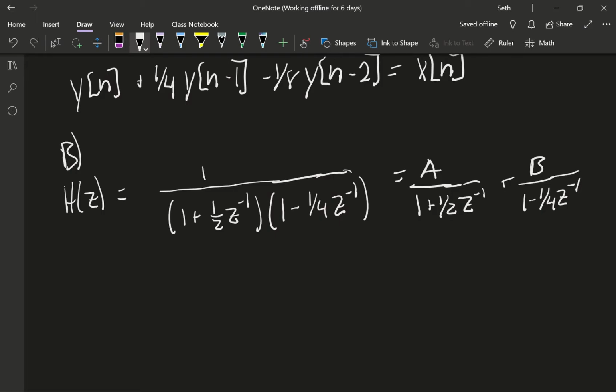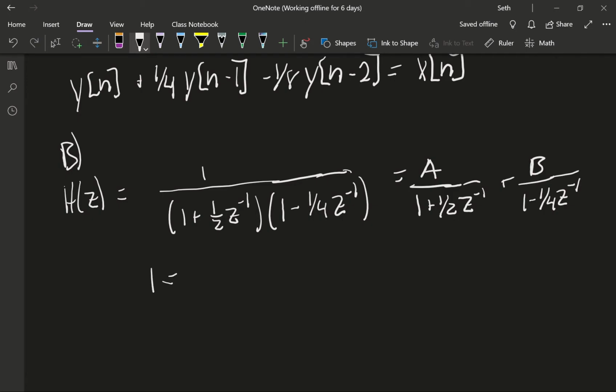Okay, so you can do this any way you want. This is the way I do it. I'm going to say if z^-1 equals 4, then, let me write it a different way.